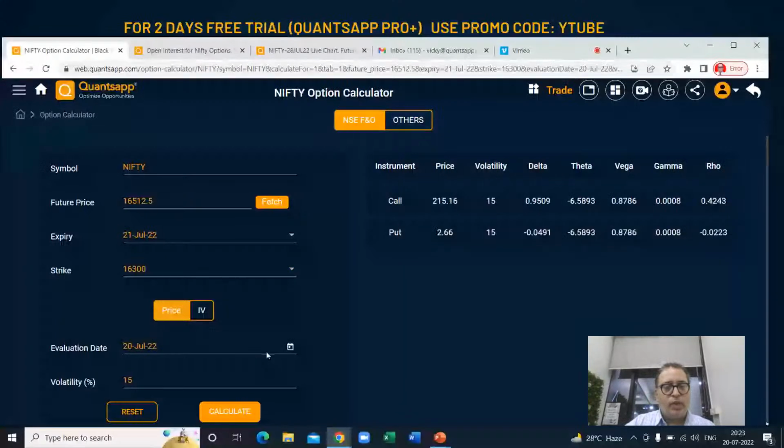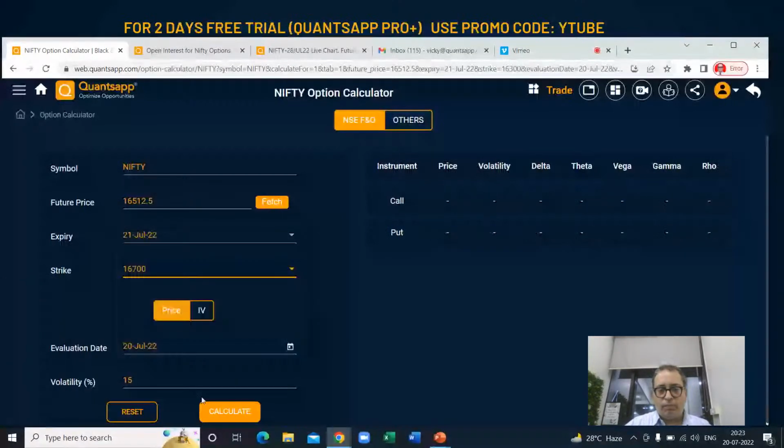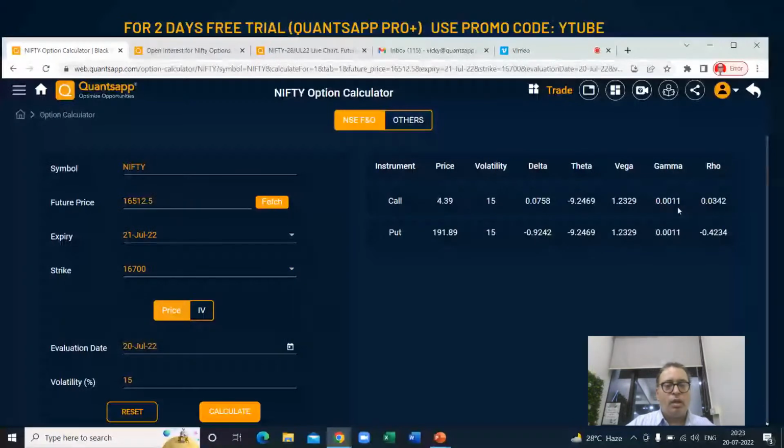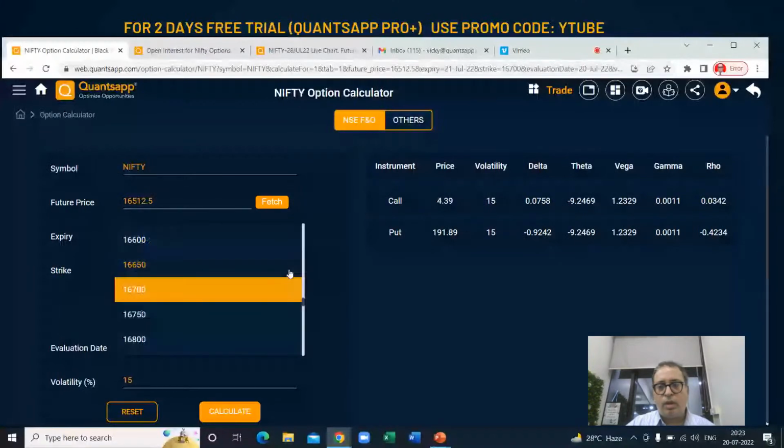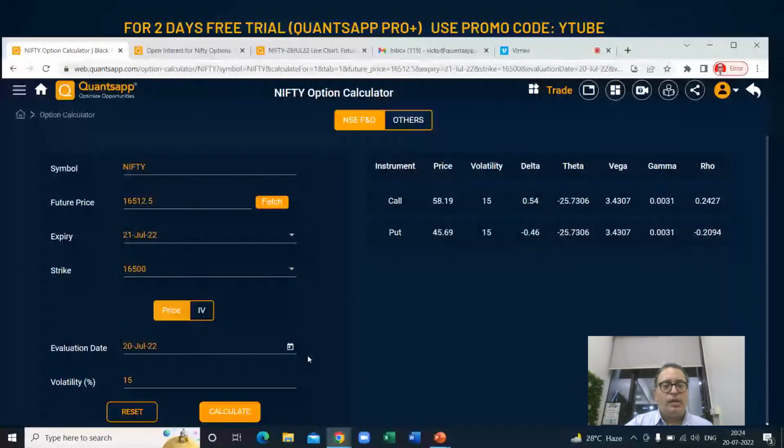Now we shall move on to an out of the money call option. Let's say 16,700 and we calculate 0.0011, again lower. So now let's revisit the 16,500. 0.0031 is the gamma.